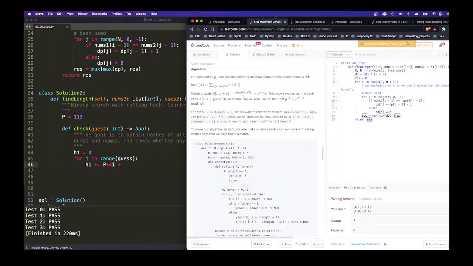So with this minus... h is the hash. And we'll minus this, then times p inverse, then mod.